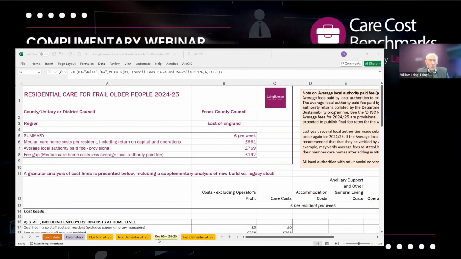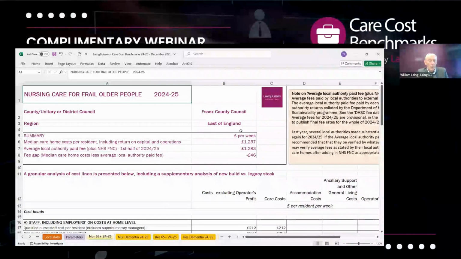So now I'd like to just, if we can turn to the nursing care 65 plus, 24-25, if we can go into that tab. So this is the same local authority, but it's just nursing care rather than residential care.